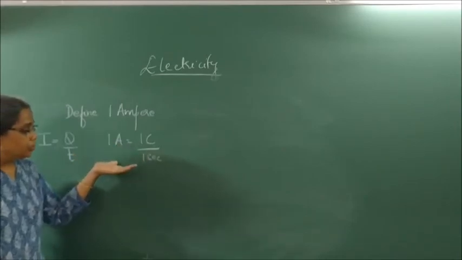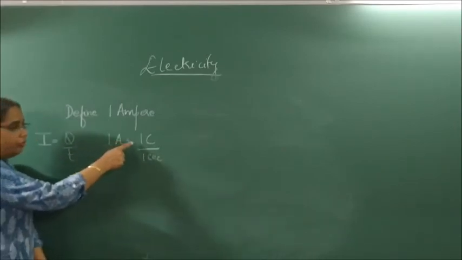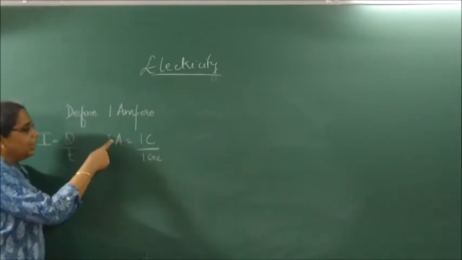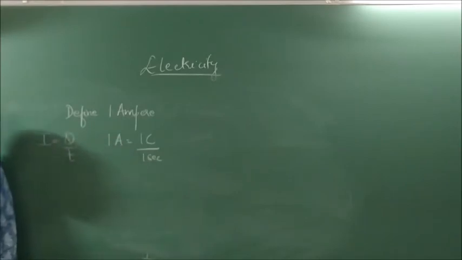Now, how to put it in words? When a charge of 1 coulomb flows for 1 second, it constitutes a current of 1 ampere.